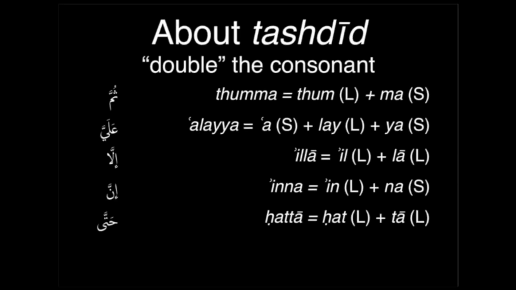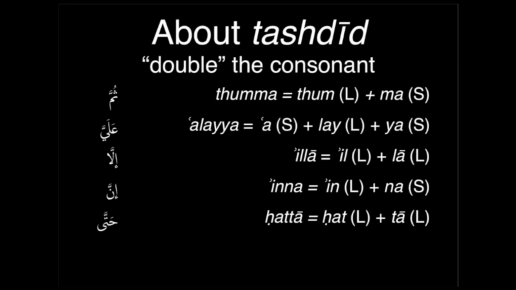So let's talk about tashdid. This is where we double the consonant. And I gave you a couple of examples of that because it's quite common in Arabic. So for example, if we think about thumma, thumma is made up of two syllables. The first syllable is thum, which is long, and it's followed by ma, which is short. In combination, thumma, two syllables.